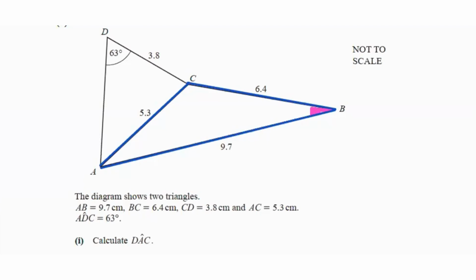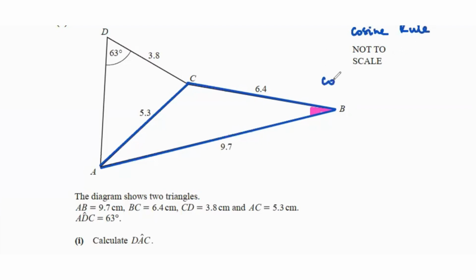In this case, we have all three lengths of this triangle, but we don't have any of the angles. So this meets the conditions for the cosine rule. For the cosine rule, you either need all three lengths or two lengths and the angle between them. Since we have all three lengths, we can apply the cosine rule and find angle B.